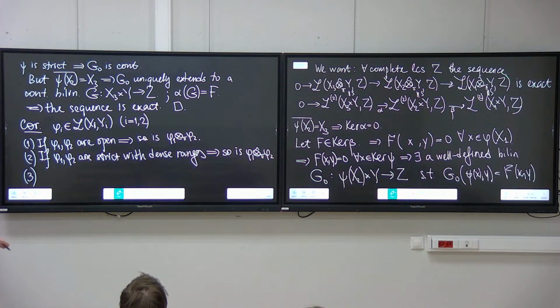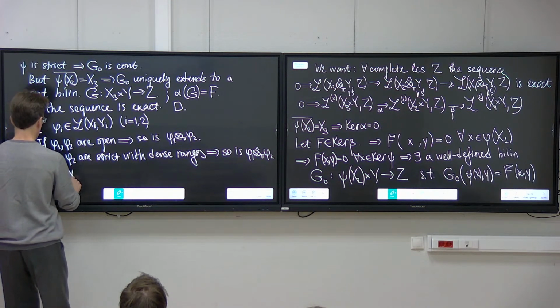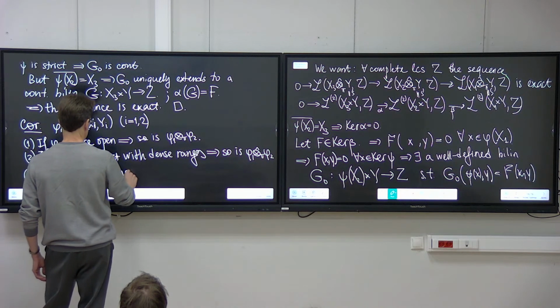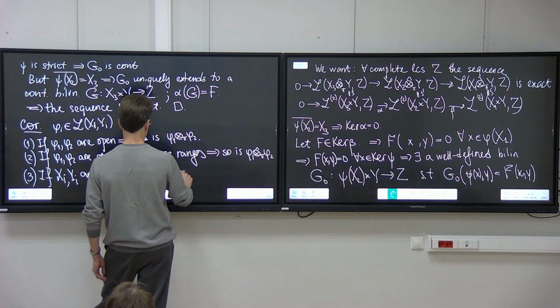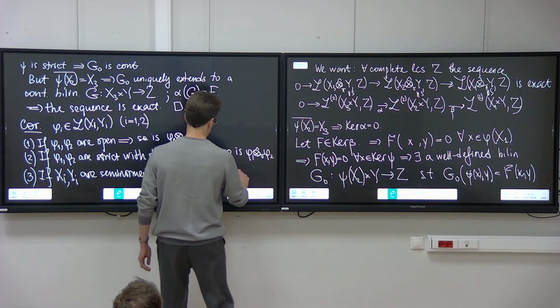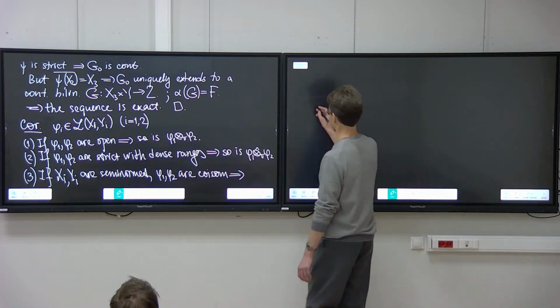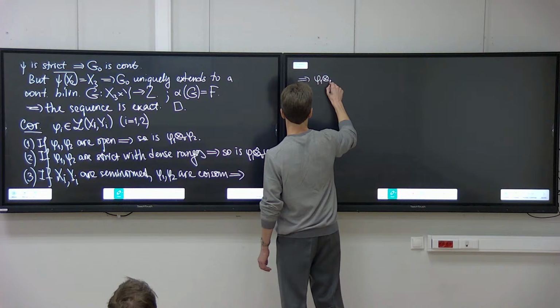And finally, if our spaces Xi and Yi are semi-ordered spaces, and phi1 and phi2 are co-isometries, then so are their projective tensor products, namely the uncompleted and the completed projective tensor products.